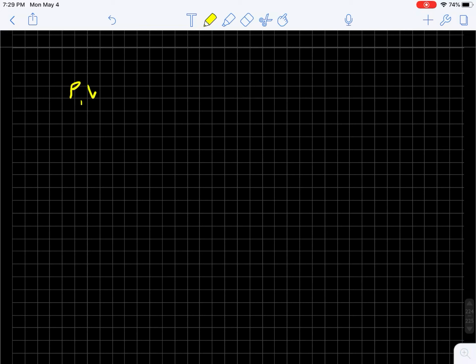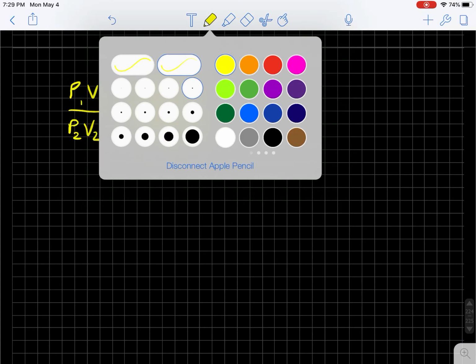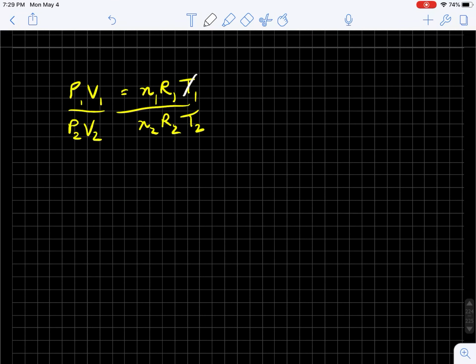Let's say we take PV equals nRT, and we write P1V1 equals n1RT1, and we're going to put that over P2V2 equals n2RT2. Now, if I have a problem where the temperature remains constant, then in this relationship, I can cancel temperature out. Well, the gas law constant is a constant, so we can cancel that out also.